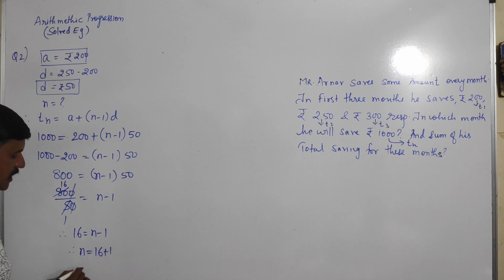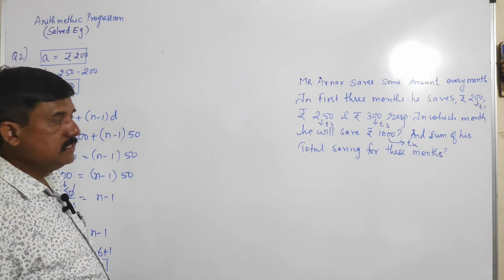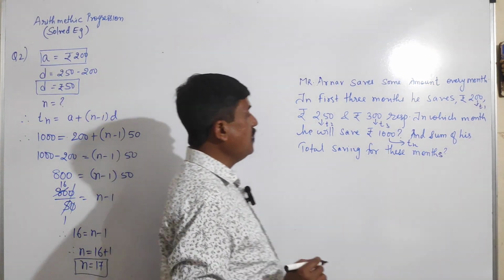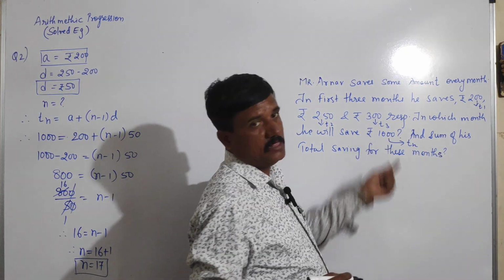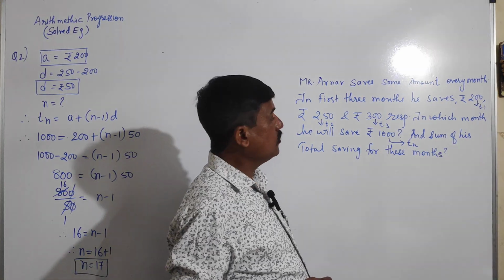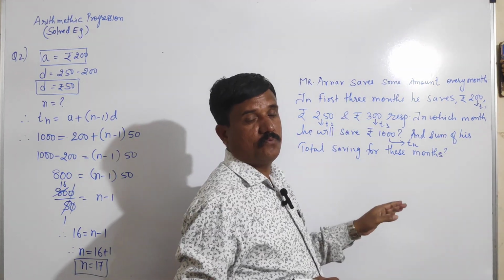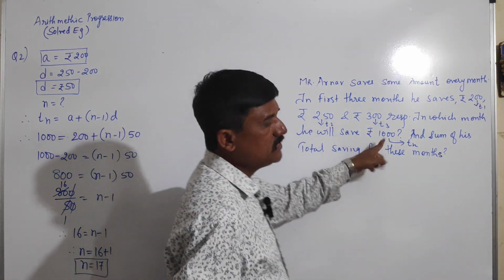Therefore, the value of n is 17. Therefore, his saving in the 17th month will be 1000. है ना?